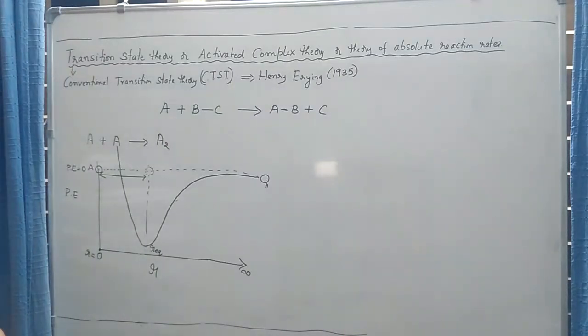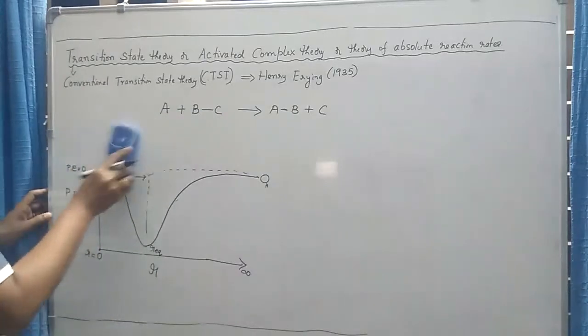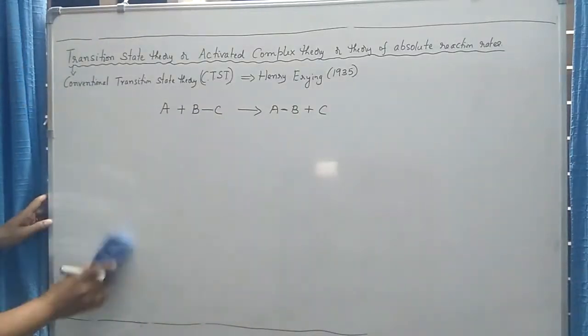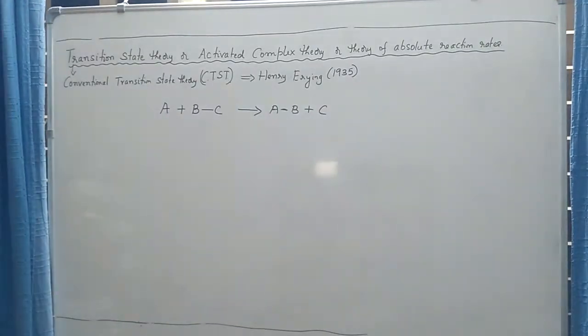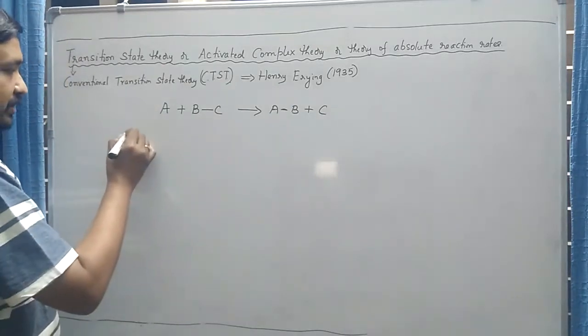So this is the nature of the potential energy diagram representing the combination of two atoms leading to the formation of a molecule. So let us take this knowledge to this particular reaction. Now here, if I take the reactant side, how would the reactant side look?